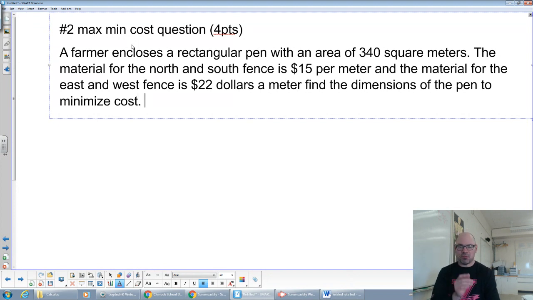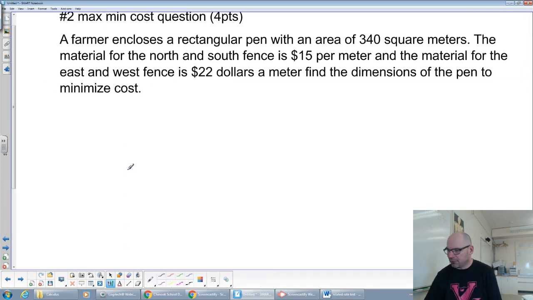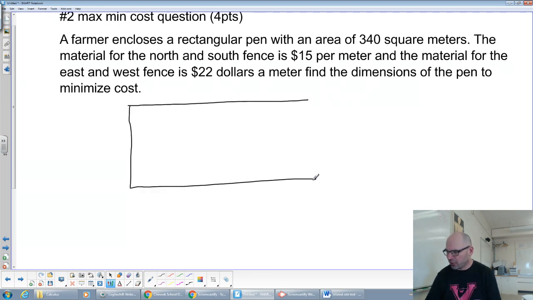So that's the one we're going to have to derive. Everything else we're going to have to use to manipulate around. We're going to draw a little picture here. It would be similar to one on the exam. Let's say we don't know if it's longer going north-south or east-west, so we'll just guess. So this is 270 meters squared in here.